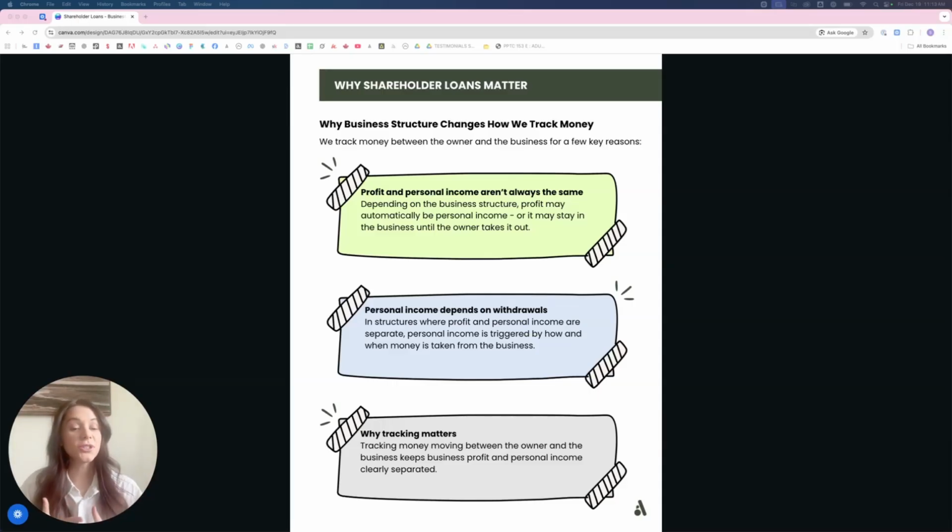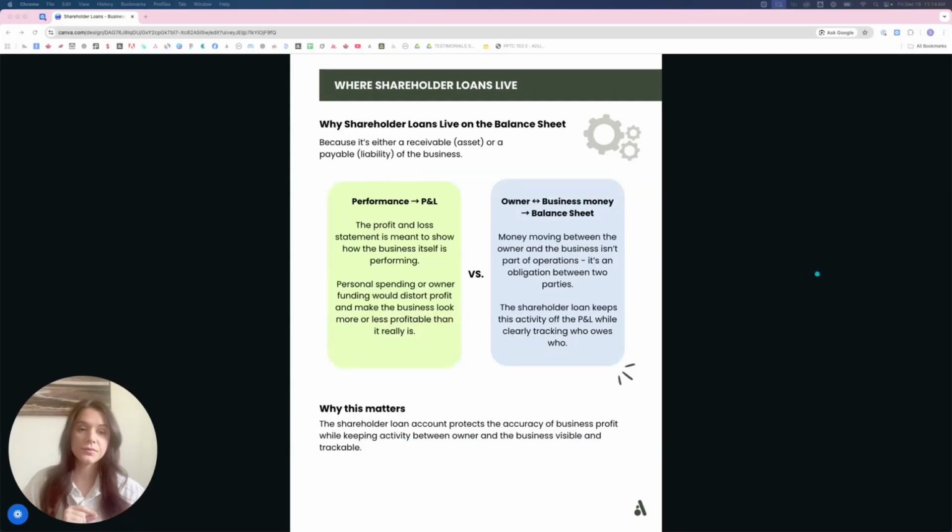And that's because personal income is triggered based on how and when owners take money out, not just simply because the business earned a profit. So tracking this movement between the owner and the business is never wrong to do, no matter what the structure is. In business structures where profit and personal income aren't automatically the same thing, it becomes essential. So that's why the shareholder loan account shows up and why it matters so much in those situations.